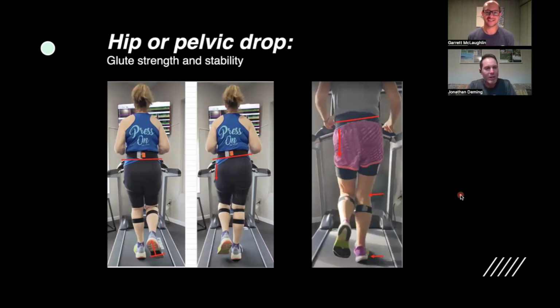Okay, so we're going to dive in with a little more detail into a couple of real common things that we see with runners, and probably not new information to you out there listening, that these are important things for runners to work on or train specifically to avoid.